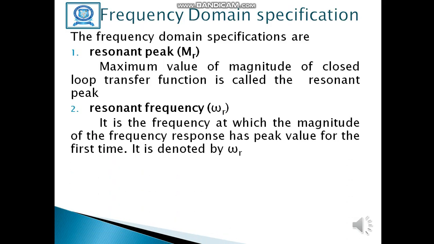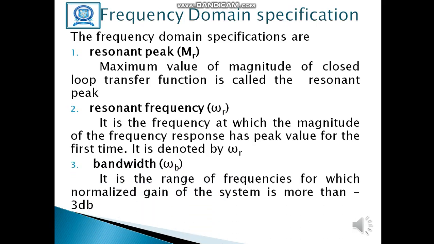It is the frequency at which the magnitude of the frequency response has peak value for the first time. It is denoted by ωr. Third one is bandwidth, ωb. It is the range of frequency for which normalized gain of the system is more than -3 dB.